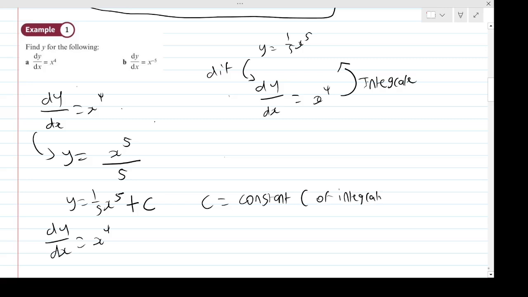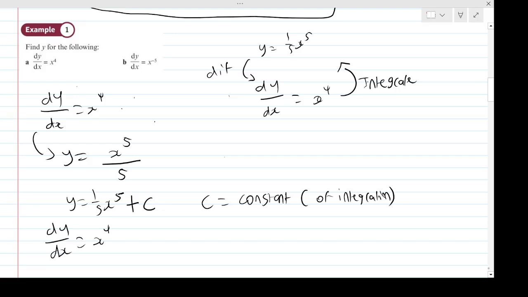Which means whenever we integrate something, we always need to consider adding a constant on, because this constant will go away to 0, as we've just seen, because c is just a number that goes to 0 after we differentiate. We saw that in the differentiation chapter. So if I differentiate this y, no matter what value I add on, I always get my derivative to be x to the 4, which is what we're given. So that satisfies what we're given, so it'd still be a correct answer.